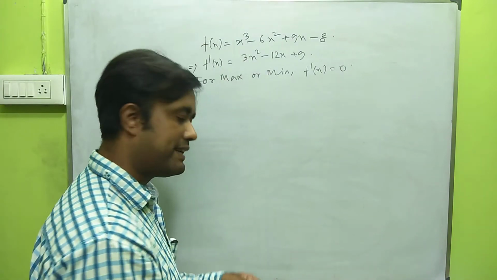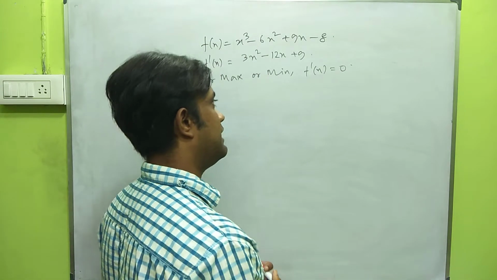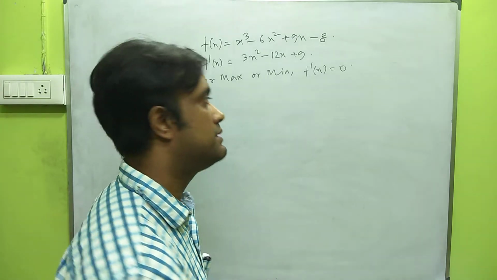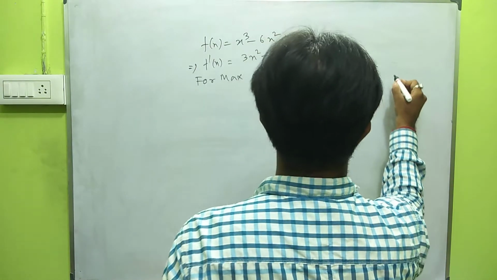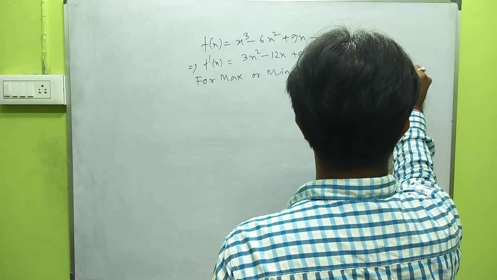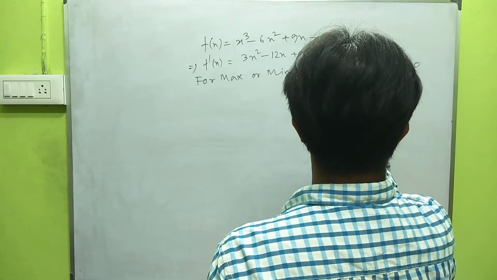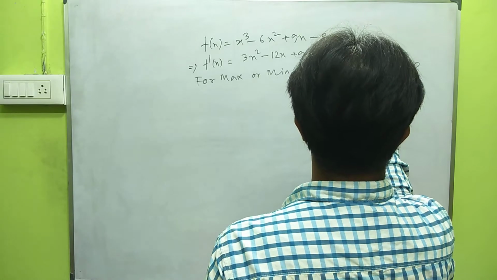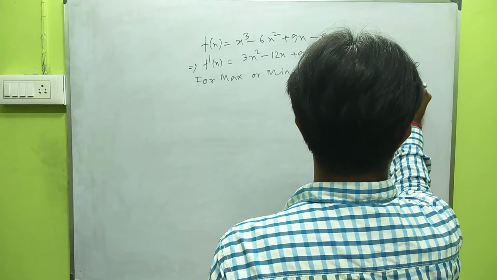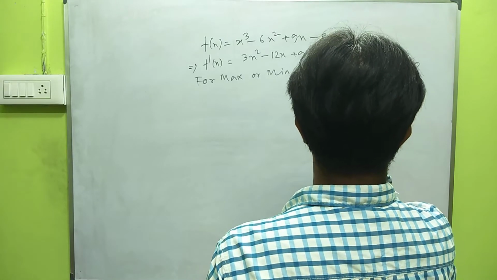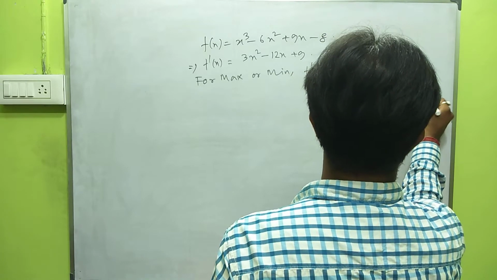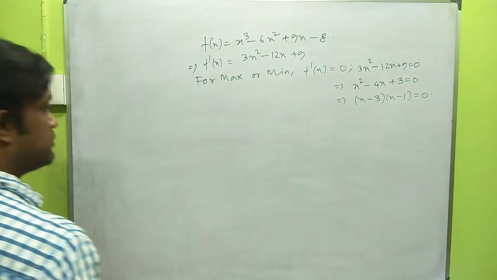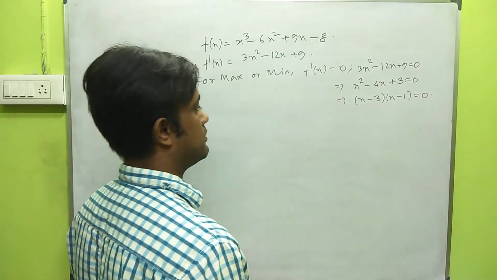f dash x is equal to 0. As we know, at the extremum point the value of f dash x will be 0. So 3x square minus 12x plus 9 is equal to 0. This means x square minus 4x plus 3 is equal to 0. This means (x minus 3) into (x minus 1) will be 0.